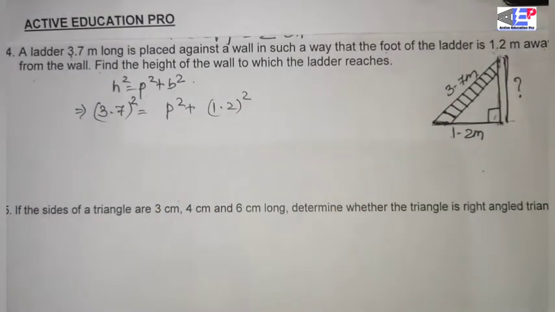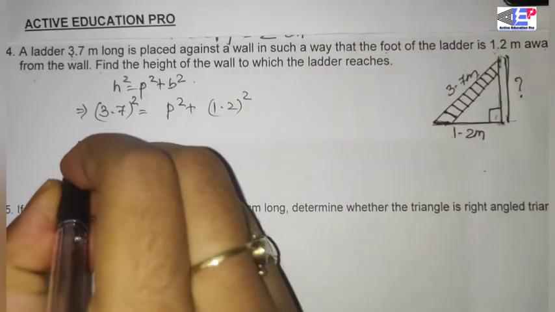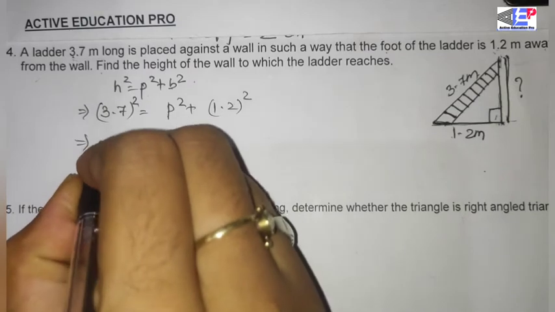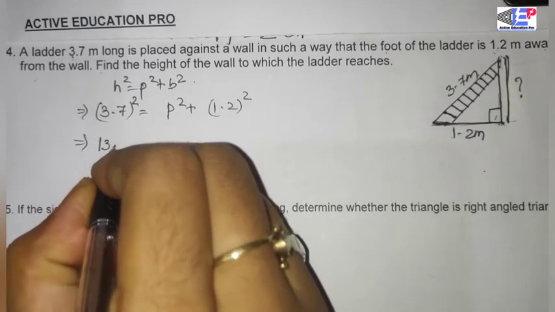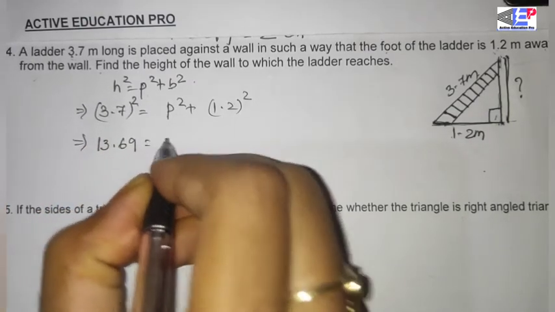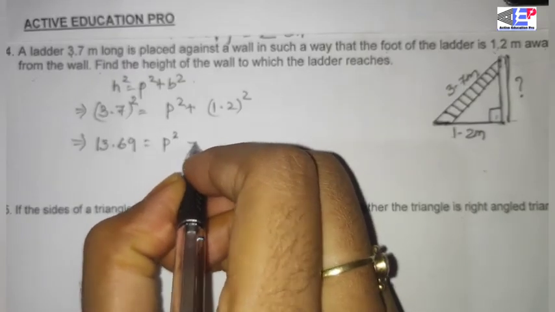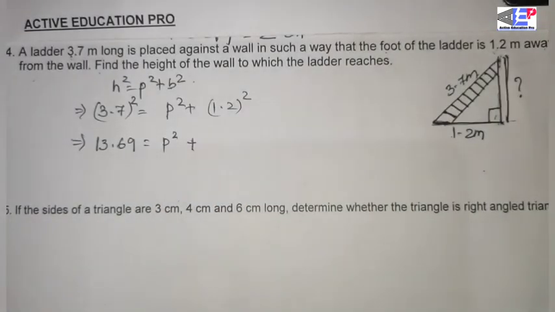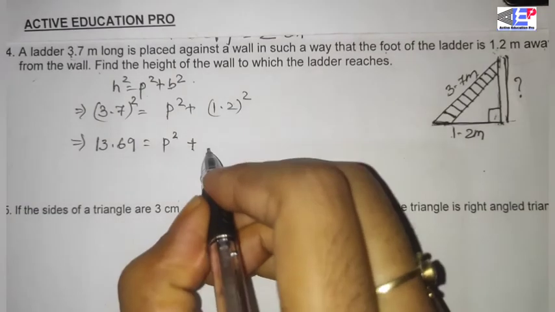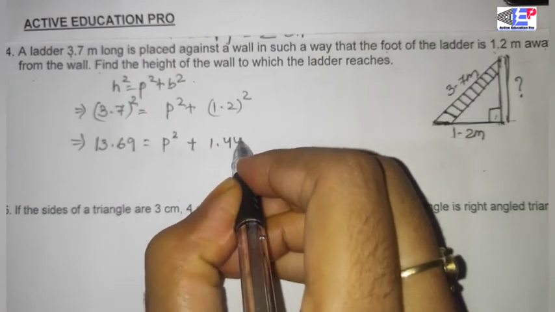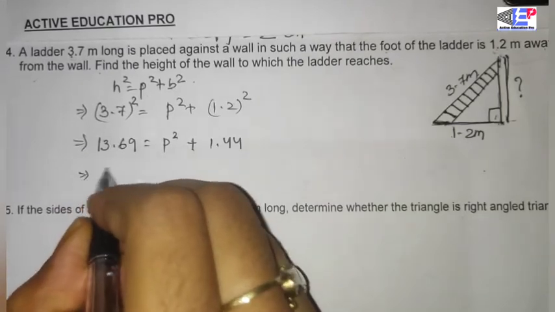Square of 3.7 is 13.69, where p square remains as p square because we don't know the value of p, plus square of 1.2, which is 1.44. Now you can transfer it.